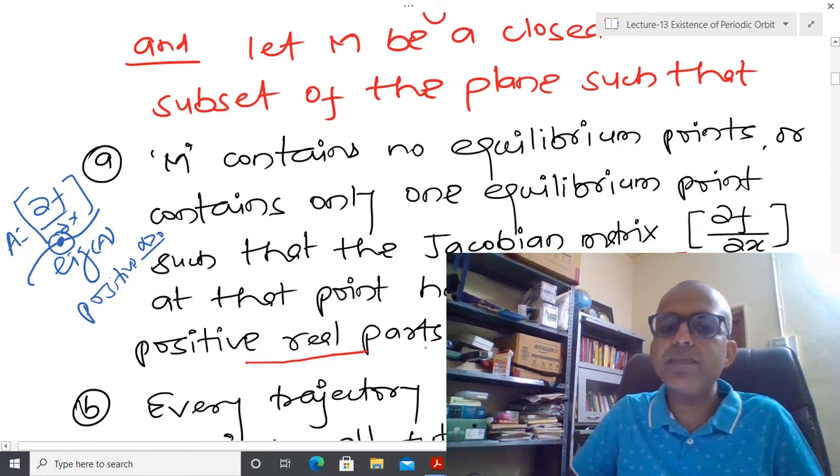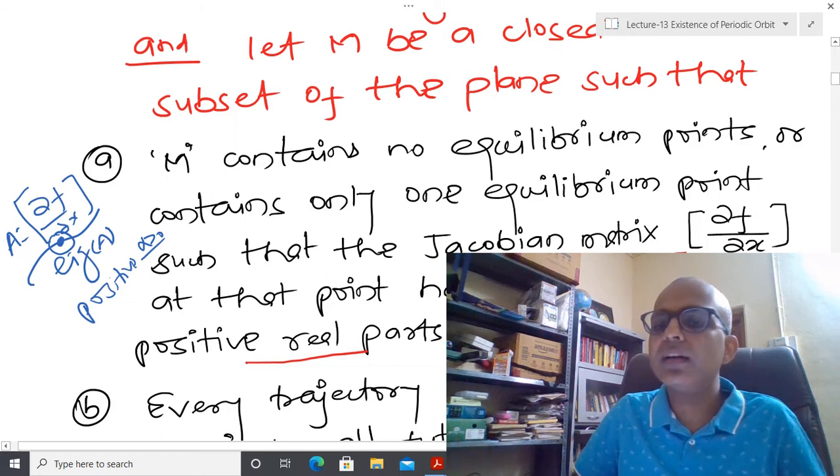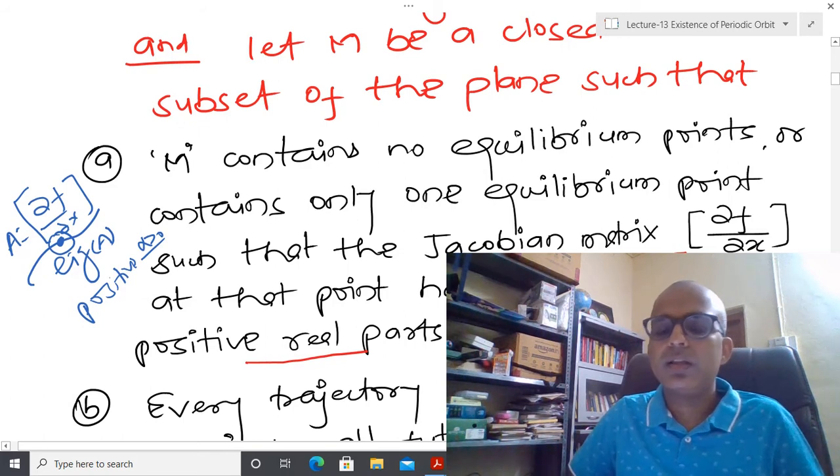Since I am talking about the real part, is it possible to claim that it might be an unstable node also? Yes, sir. Why? Because any real number can be written in the form of a complex number also. Due to that reason, it is either an unstable focus or an unstable node. Okay. Does anyone have confusion on this?